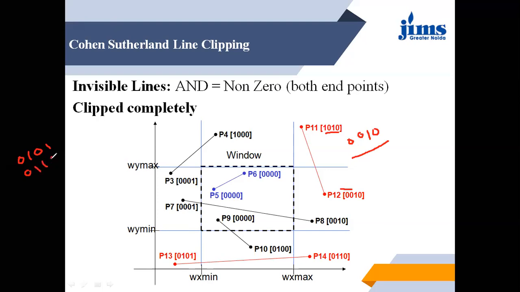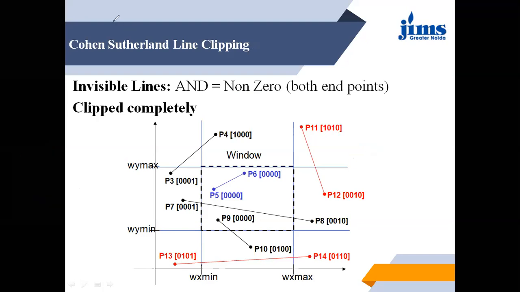When we perform an AND operation between these two region codes, the result is 0100, which is a non-zero value. This means when the AND operation of two endpoints is non-zero, then the line is completely invisible.